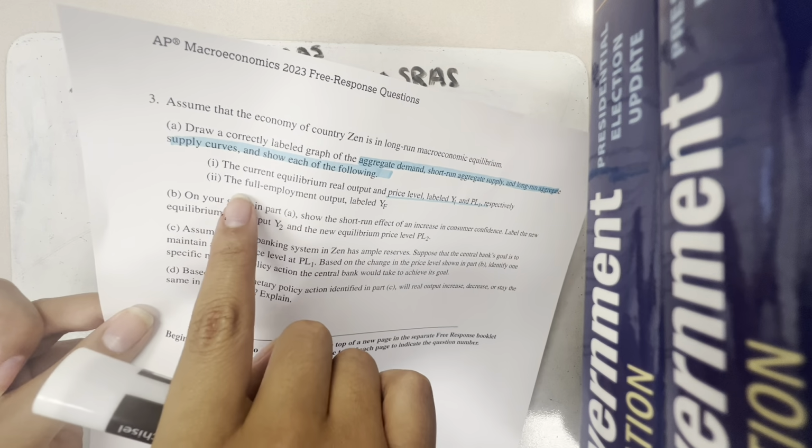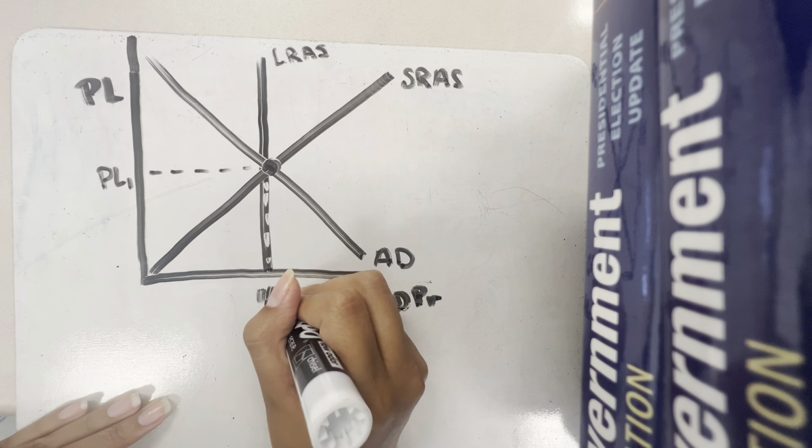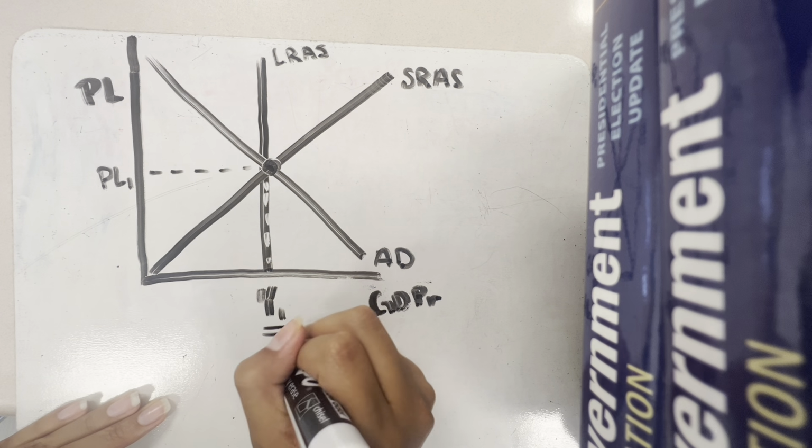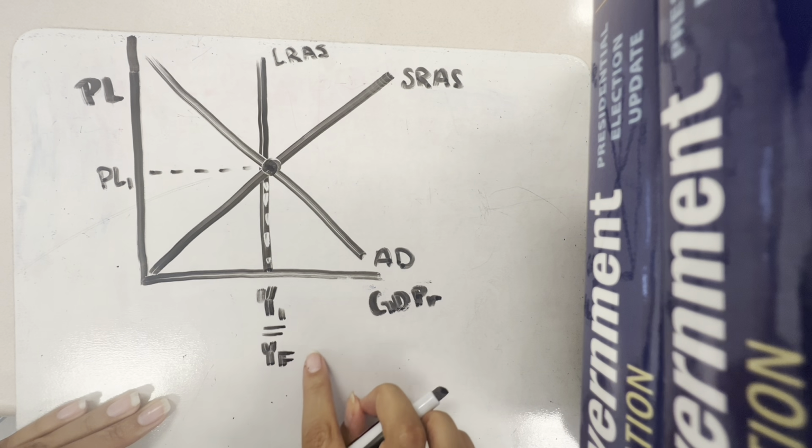Next, we're going to show on our graph the full employment, and because we are already at Y1, it would be equal to the full employment because it did not say it was leaning anywhere else.